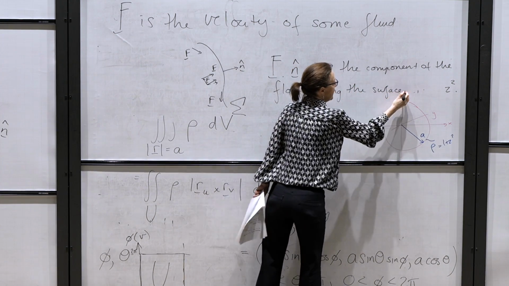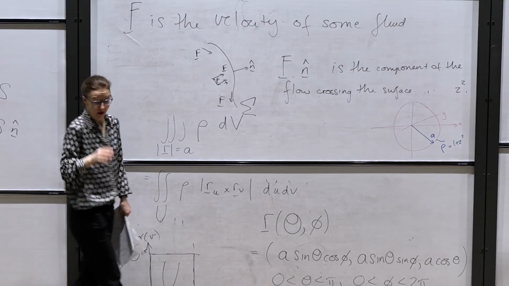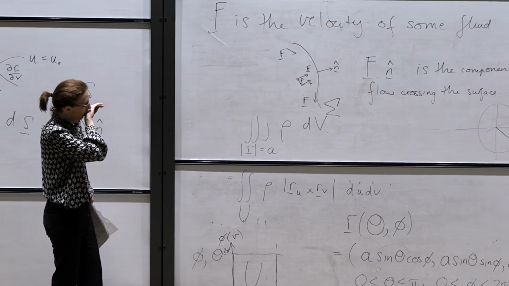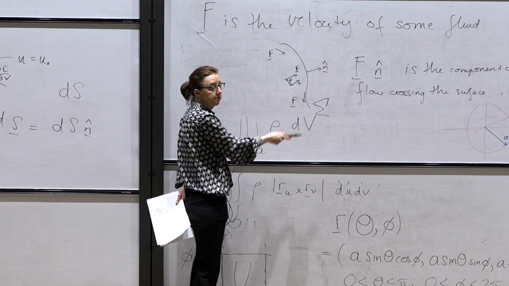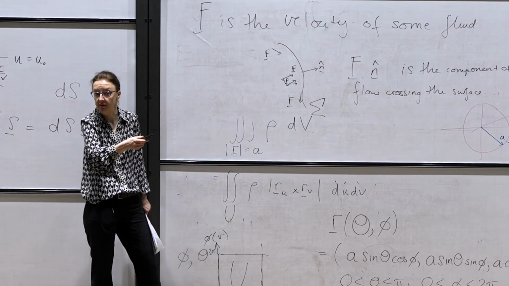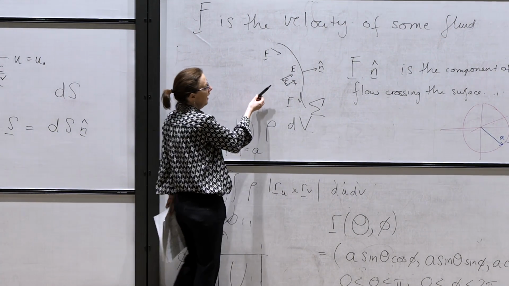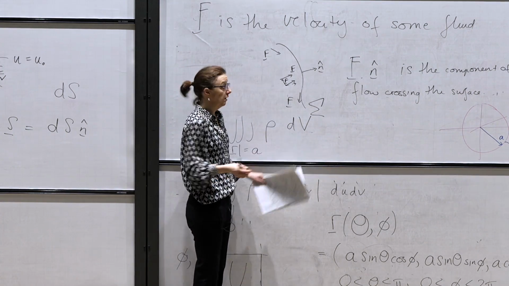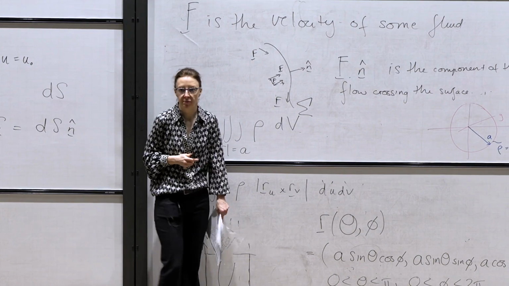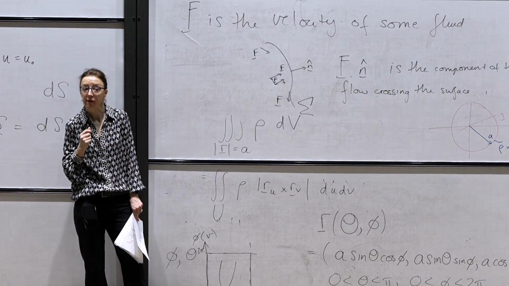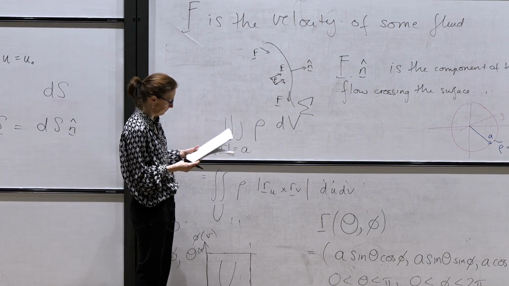So anything in the tangential direction to that surface doesn't make it across. So for example, this sigma here could be part of a spherical shell, if you like. It's a surface. And you might have flow within that sphere, and it has this complicated field, and the only contributions to the flux are the components of the flow in the normal direction.